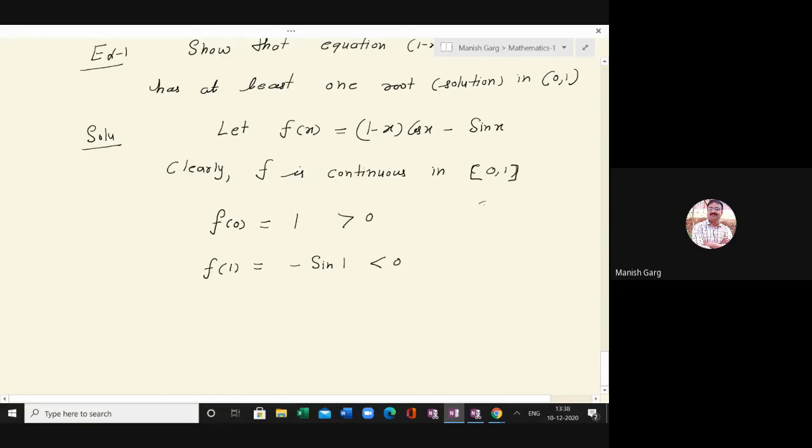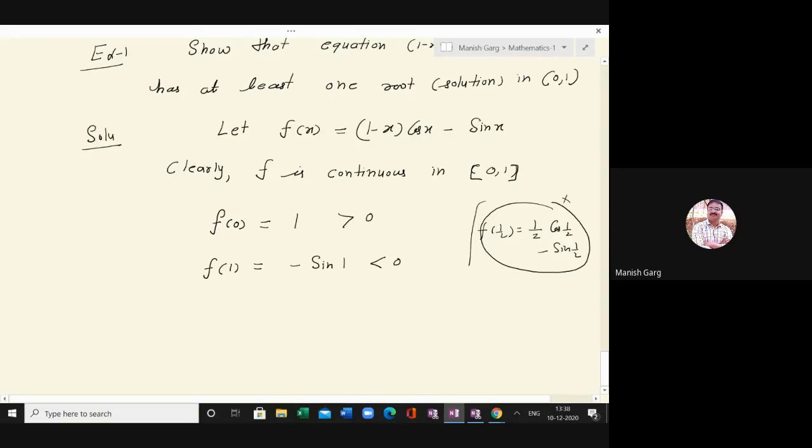If you take f(1/2), it is (1/2) cos(1/2) minus sin(1/2). So it is very typical whether the function at 1/2 is positive or negative. This is a little bit tricky. You can check, but it is tricky. But if you take f(1), easily you can check this is negative. Clear point? Why am I taking this? So you have no need to take this type. So here f(0) is positive and f(1) is negative.